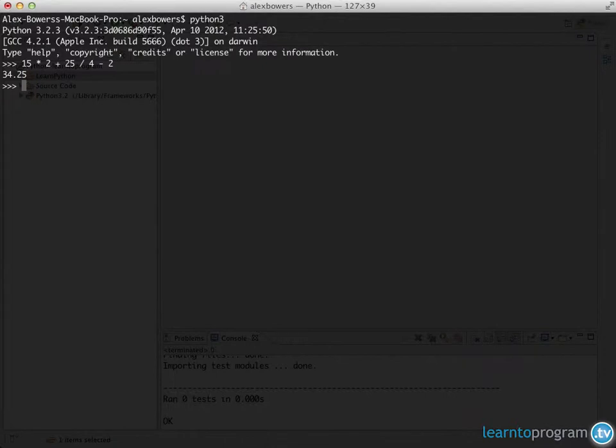Now the answer for this is 34.25, and the reason for that is that 15 times by 2 gets evaluated first, 25 divided by 4 gets evaluated as well, then that entire thing is added together and then 2 is subtracted from it.